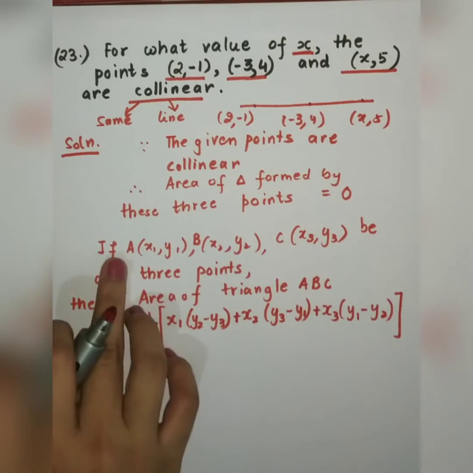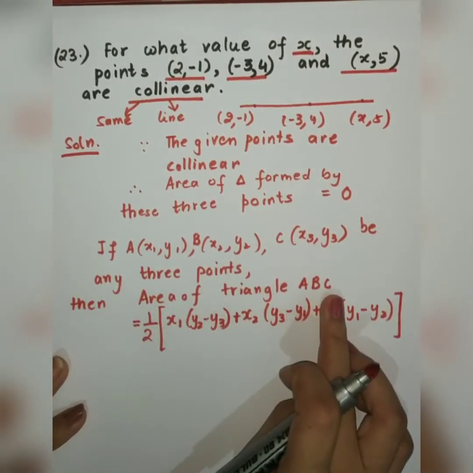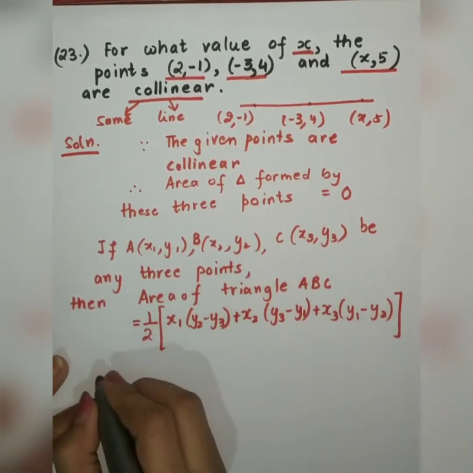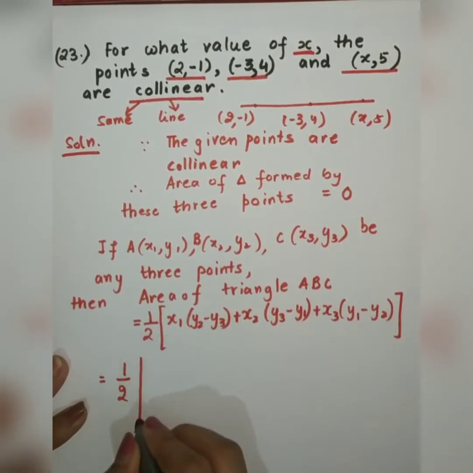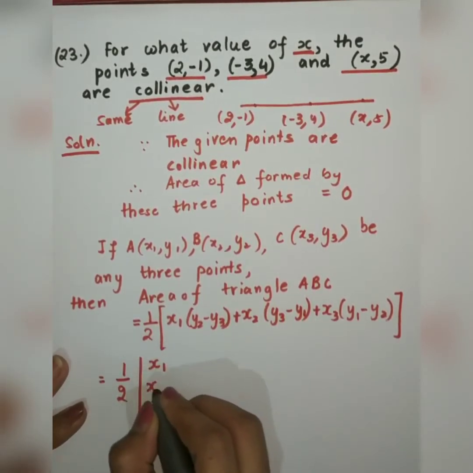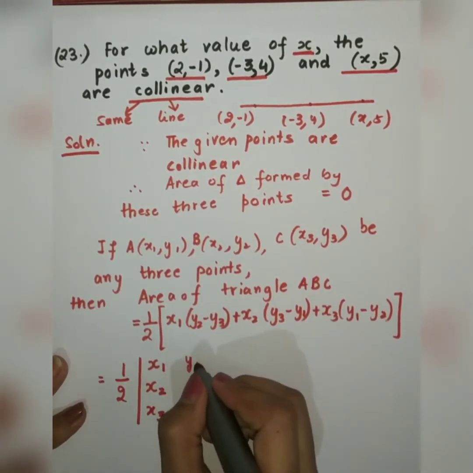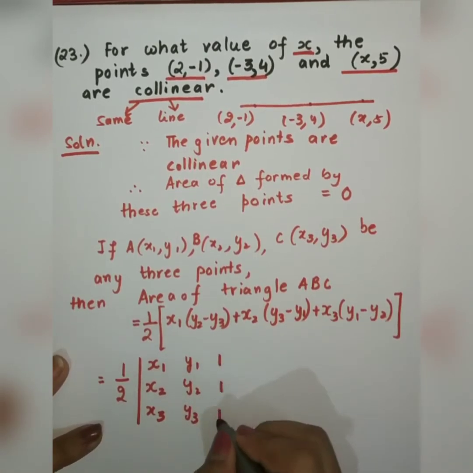If we are given any 3 points, then the area of the triangle formed by those 3 points is given by this formula, and this result can also be stated in terms of a determinant, writing all the x coordinates in column 1, y coordinates in column 2, and column 3 will be 1, 1, 1.